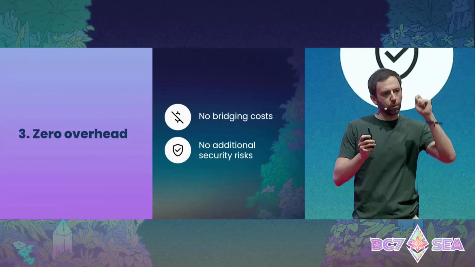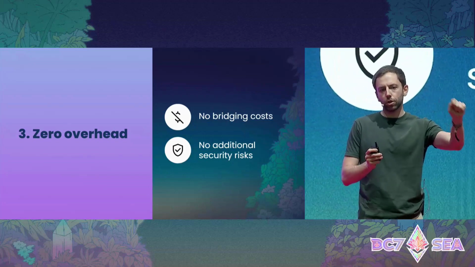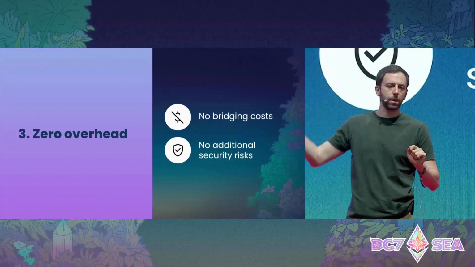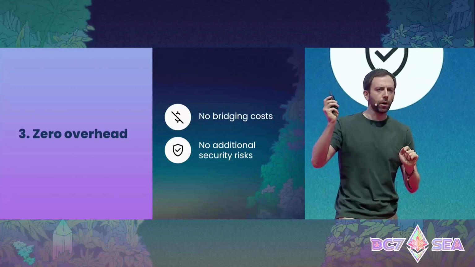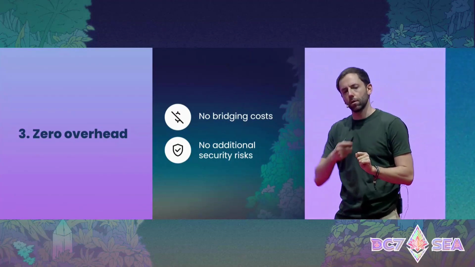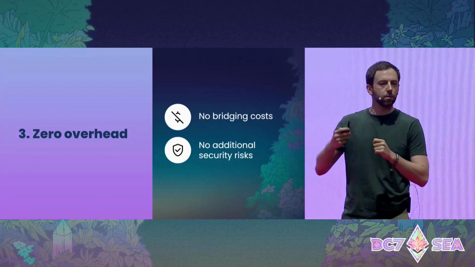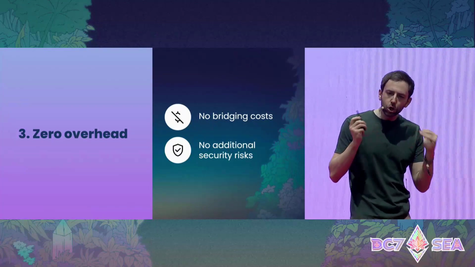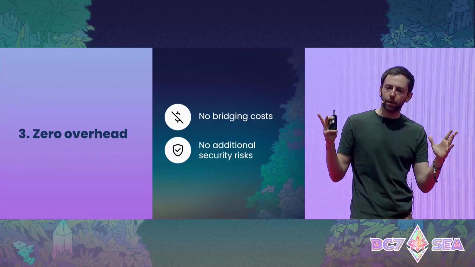When you can transact from your account on one chain to some application, you should not be thinking, oh, that's going to cost me some percentage of the capital or assets that I'm sending there because there is some bridging involved. And your security model should remain the same.